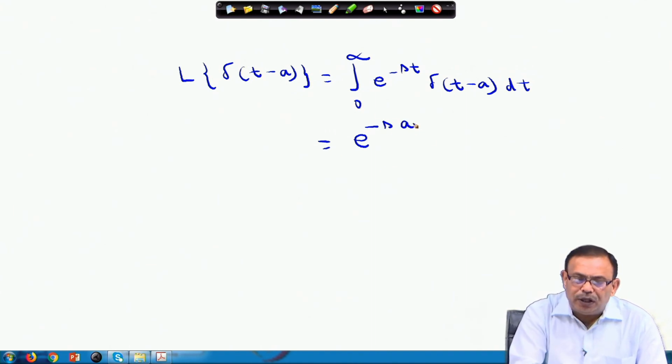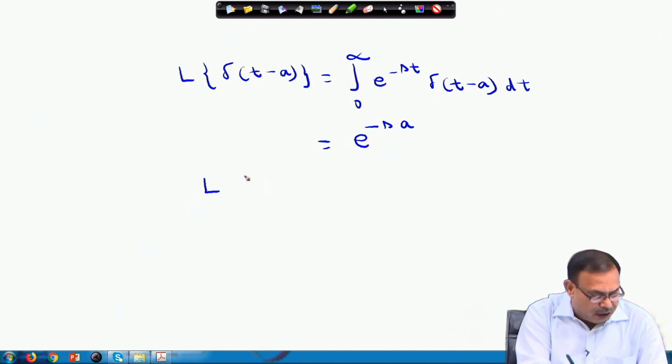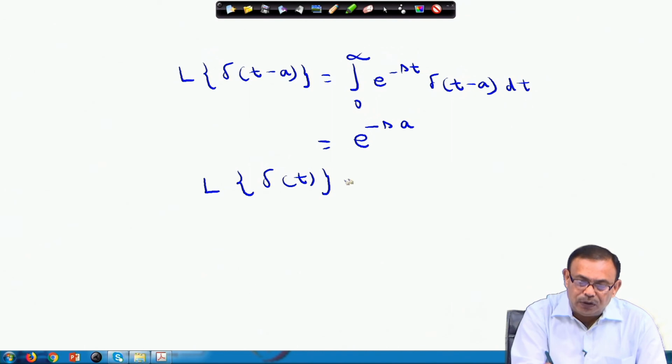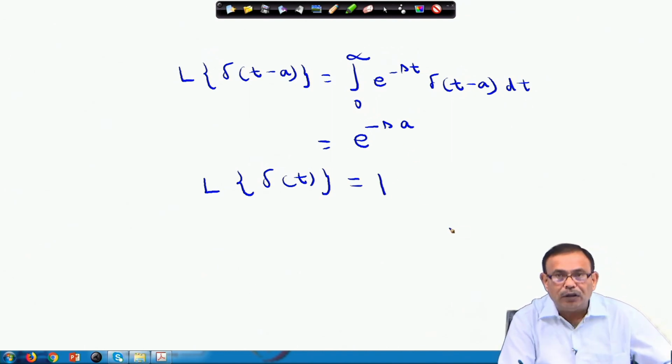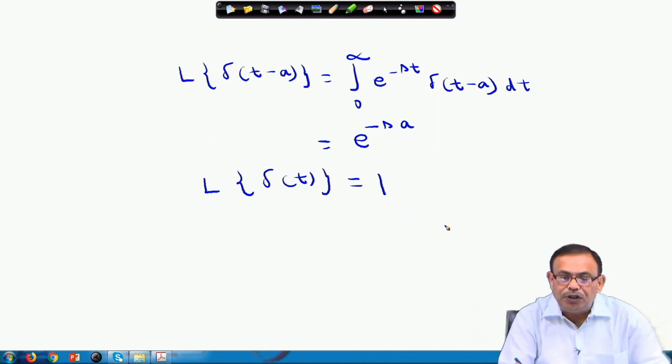So, the Laplace transform of delta t minus a is directly e power minus s a, and the Laplace transform of delta t, that is whenever a is 0, equals 1.